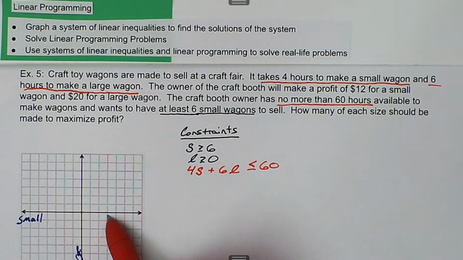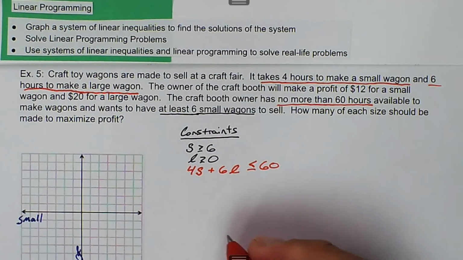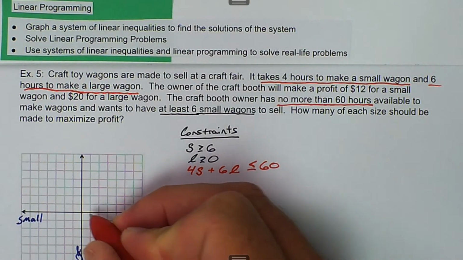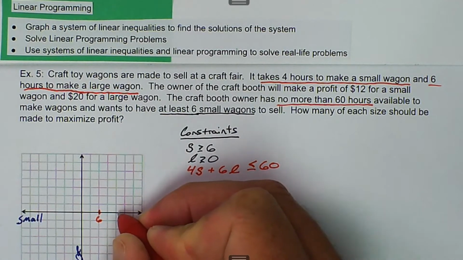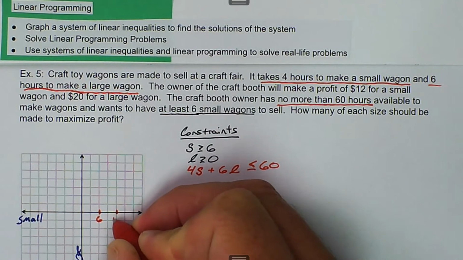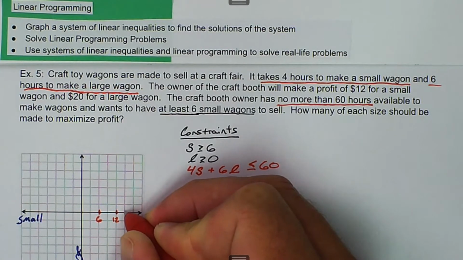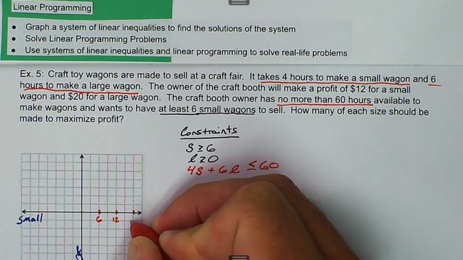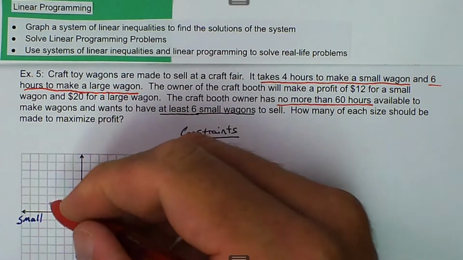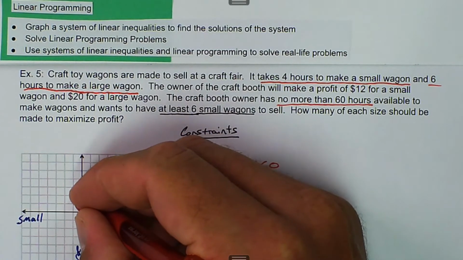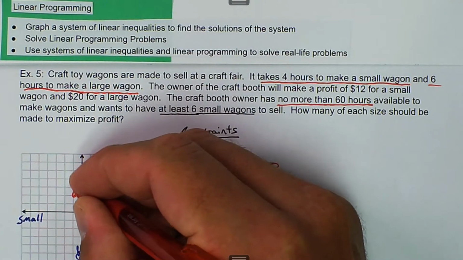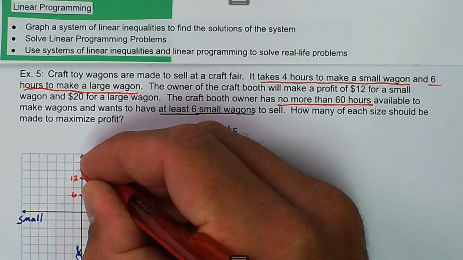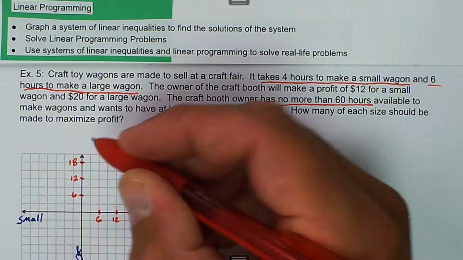So 2, 4, 6, 8, 10, 12, 14. Doesn't quite get us to 15, so we're going to have to count by 3's. So 3, 6, 9, 12, 15, 18, and the same thing, 6, 12, 18.